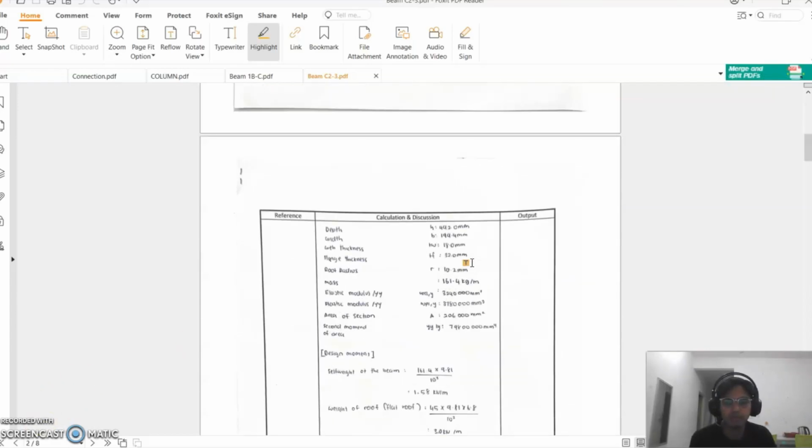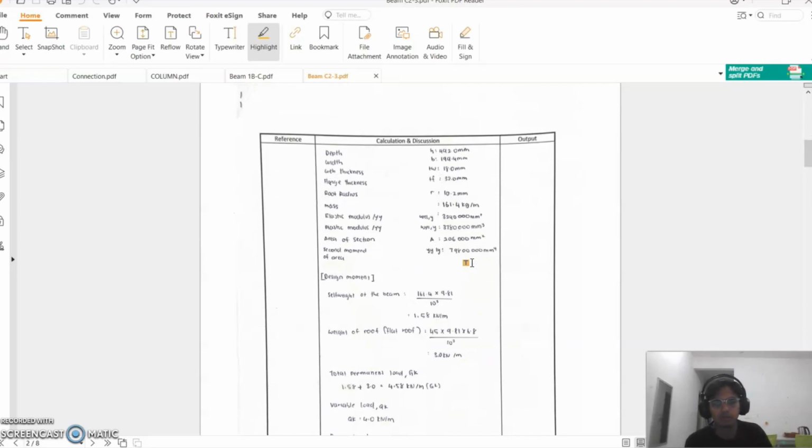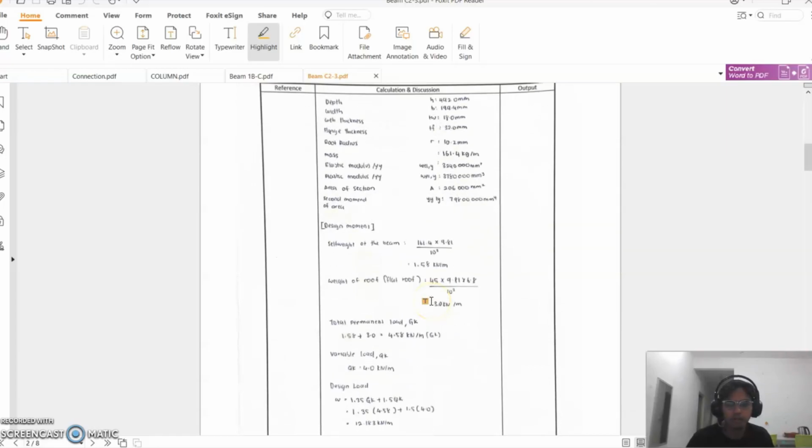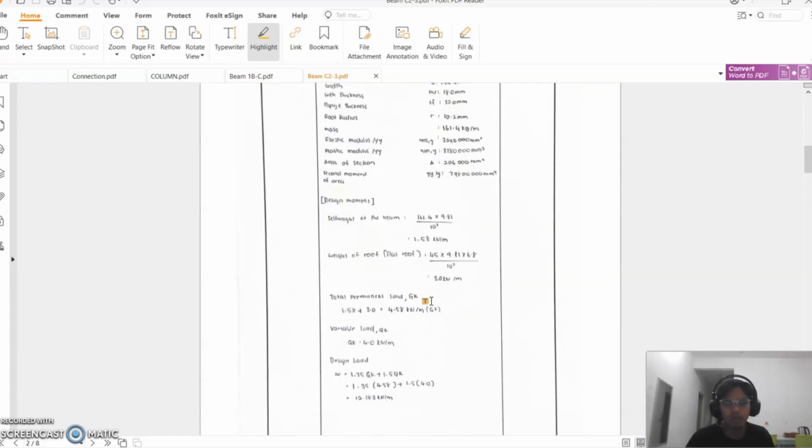For this beam, to calculate design moment, I start at the beam plus flat roof, the top of the wall, and get the design load. The value is 12.183 kN per meter.